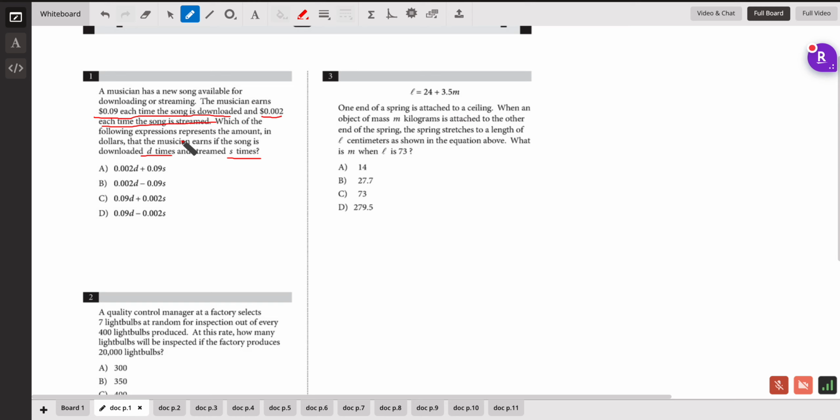For D times, the download is 0.09, so it's 0.09 times D. And we're going to add that to streamed, which is 0.002 times S. And if we take a look, that matches letter C here.